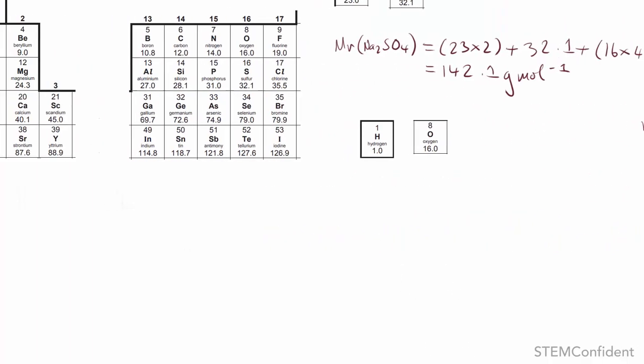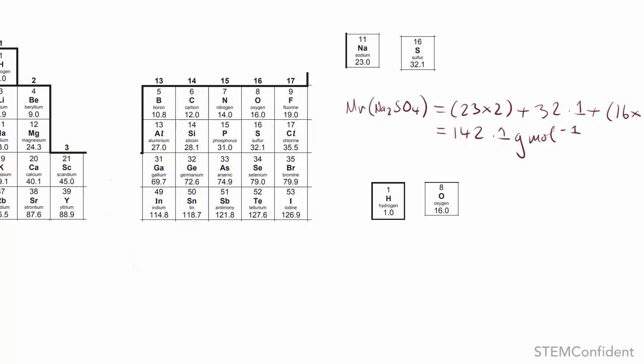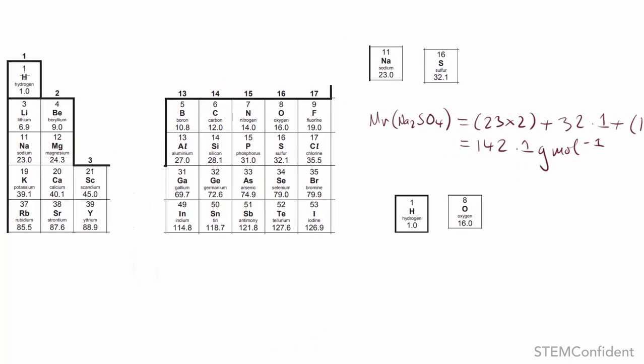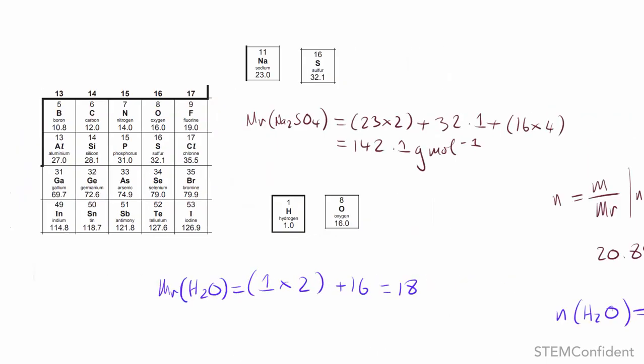You may know this, but if you quickly work it out from the periodic table, the Mr of H2O is 1 times 2 plus 16, which is of course 18 grams per mole.